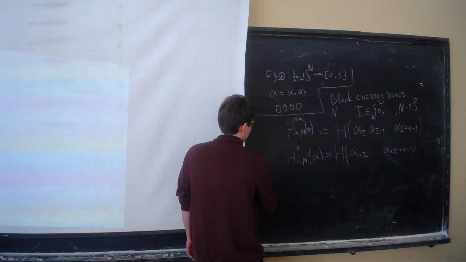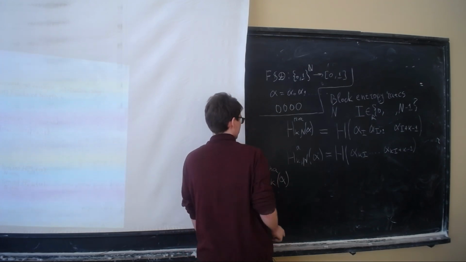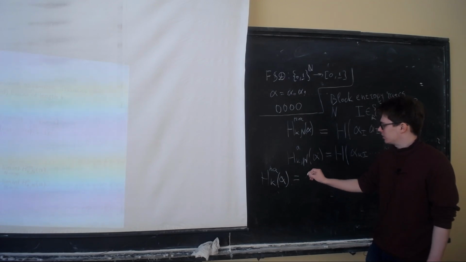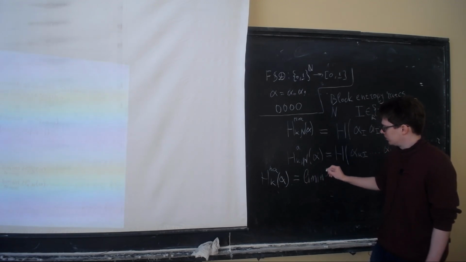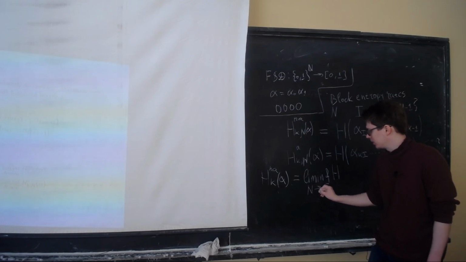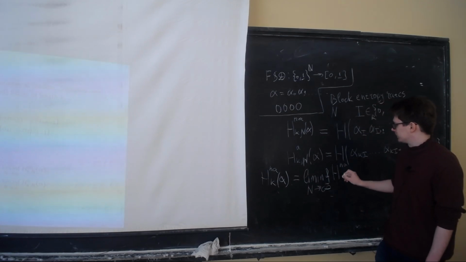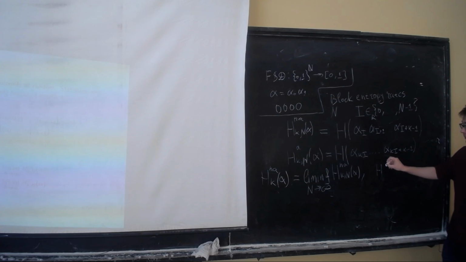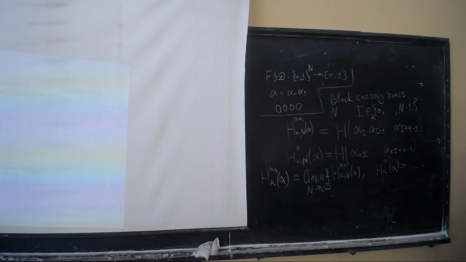So now we have h sub k of alpha, for example for the non-aligned case, which is just the lim-inf of these entropies as the length of the prefix goes to infinity. And the same for the aligned case.